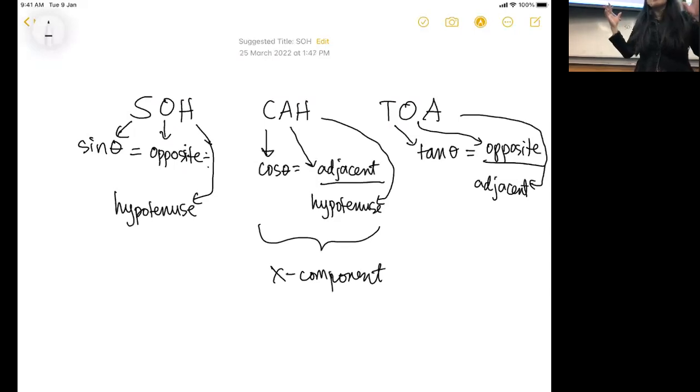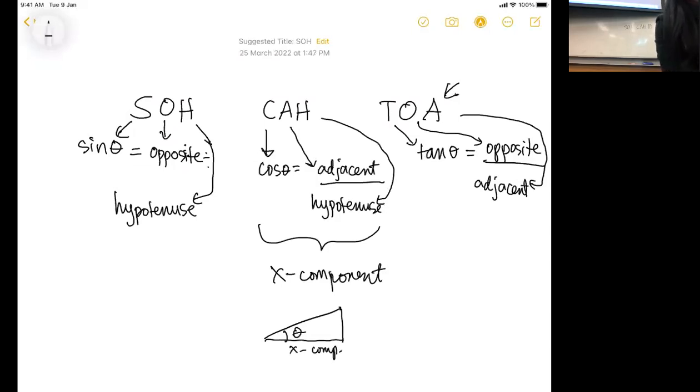If you remember CAH, cosine equals adjacent over hypotenuse, and you imagine the triangle, and theta is always the angle measured with the horizontal, you say, oh, adjacent is this x component, so that means it has to be a cosine.